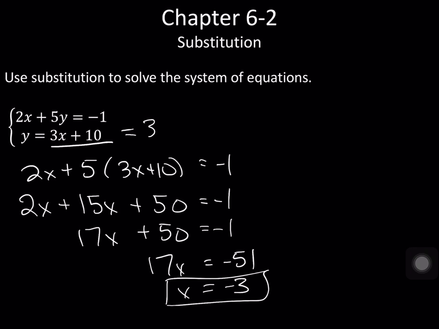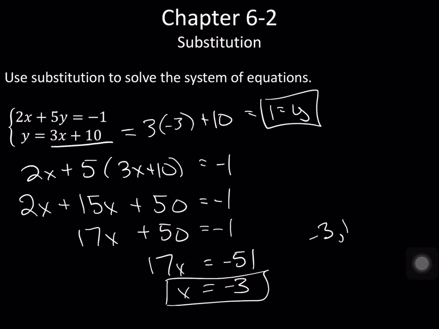And 3 times x, which is -3, plus 10. This is going to give us our y value of 1. So x is -3, y equals 1. And that is our ordered pair. And again, we could plug it back in, we could graph it, and this would be the solution that we should get.